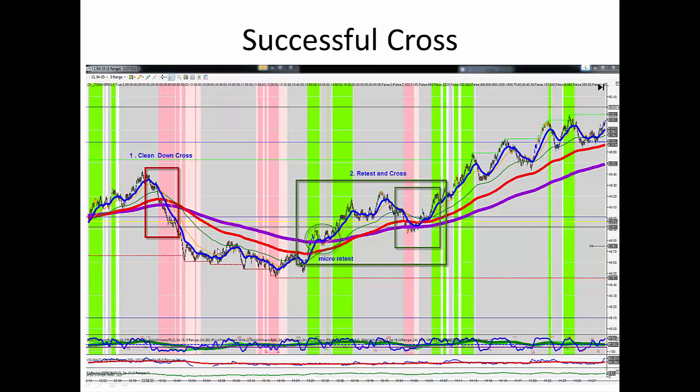And well, then another base was formed. This is slightly different. It's a little wider. But anyway, this cross is considered a clean cross because there was neither a bounce into the 450 moving average nor a strong retracement after the first cross attempt. And we had a reasonable follow through in the down direction right here. Okay?